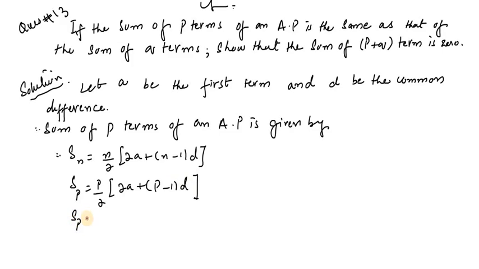So we can write the sum of p terms as Sp = p upon 2 [2a + p into d − d]. This we say is equation number 1.